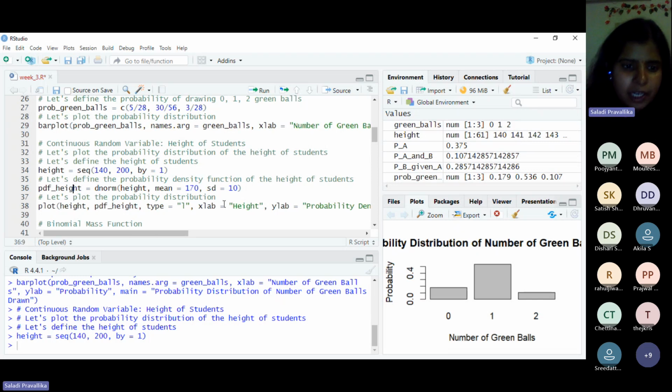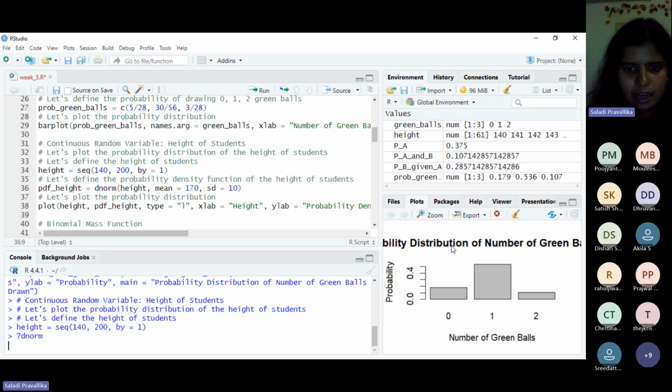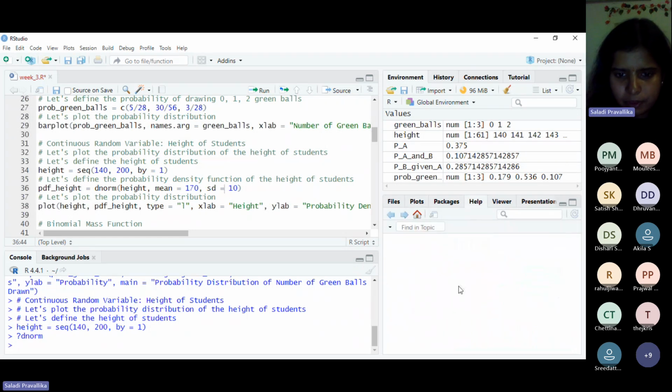To get the probability density function, we use something called dnorm. If you want to read more documentation about dnorm, just in the console give a question mark and dnorm, and it will come over here, and you can read it entirely and see what changes you can make.